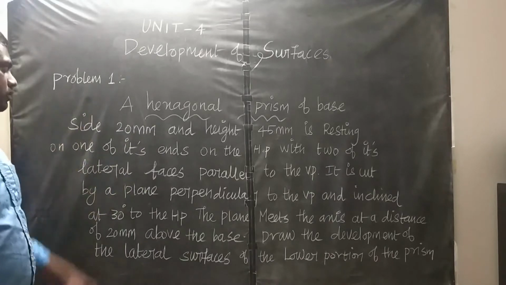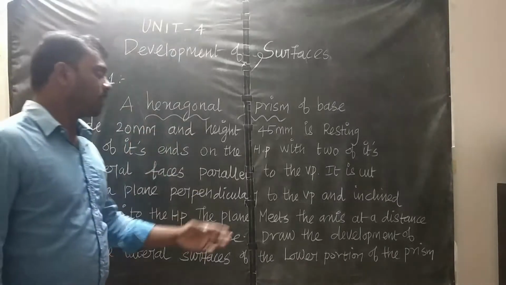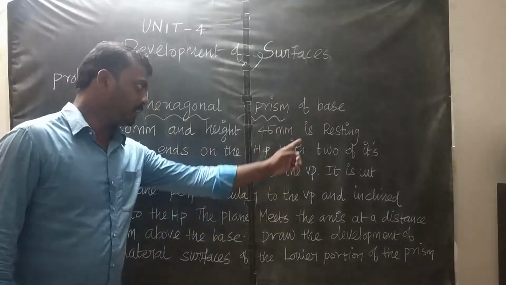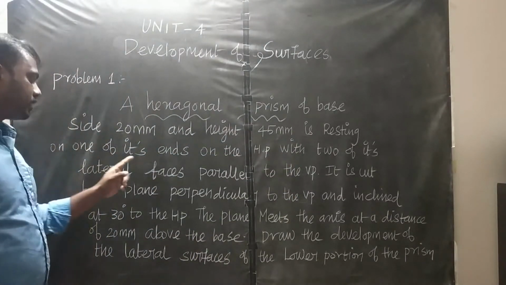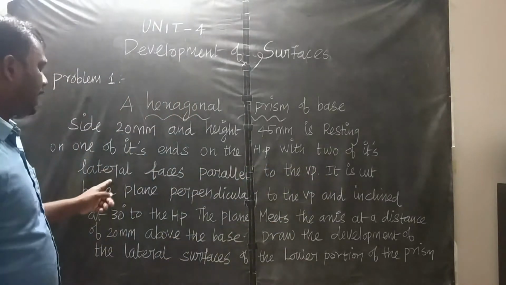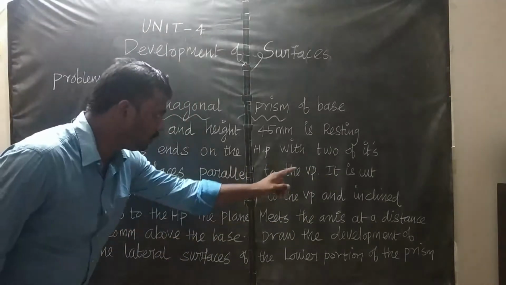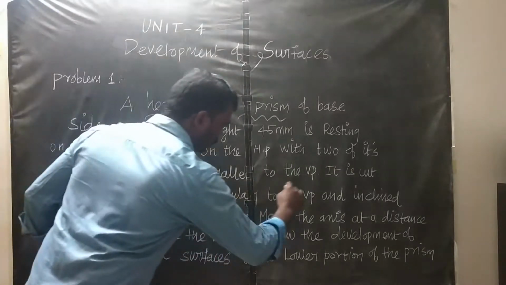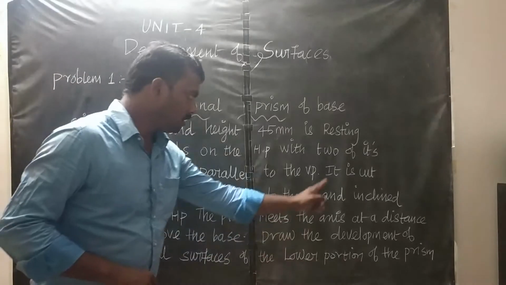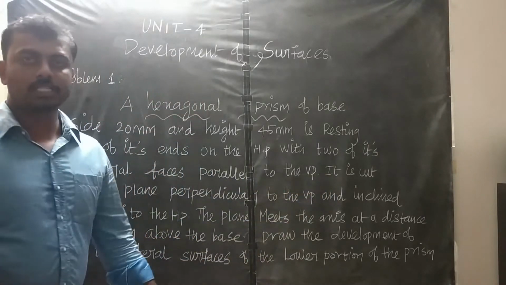This is the first problem. Here we have a hexagonal prism of base side 20 mm, height 40 mm, resting on one of its ends on the HP with two of its lateral surfaces parallel to VP. This statement is very important to draw the stage 1. Then this statement is about the location of the cutting plane.